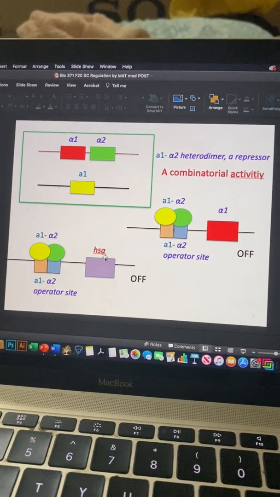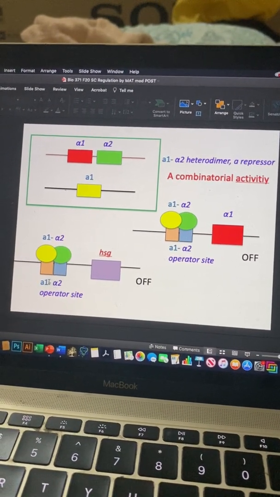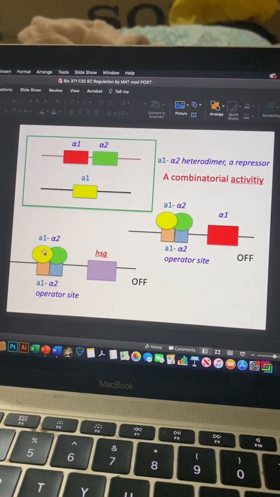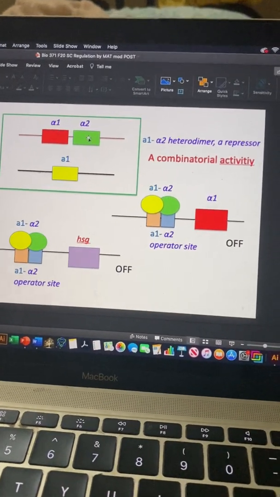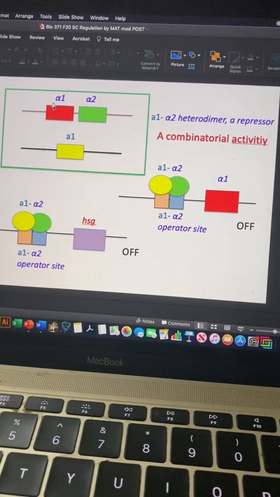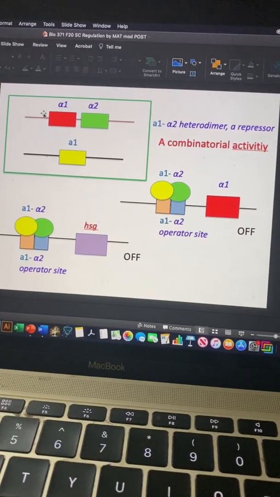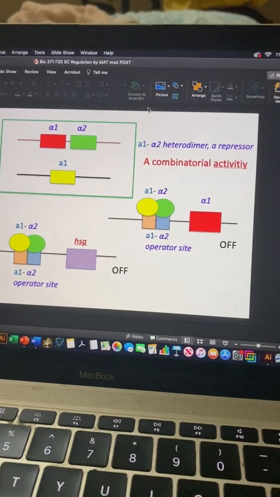You also have haploid specific genes, which have this dual operator. This repressor binds here, so it represses alpha 1. If you're repressing alpha 1, then you cannot express alpha specific genes.